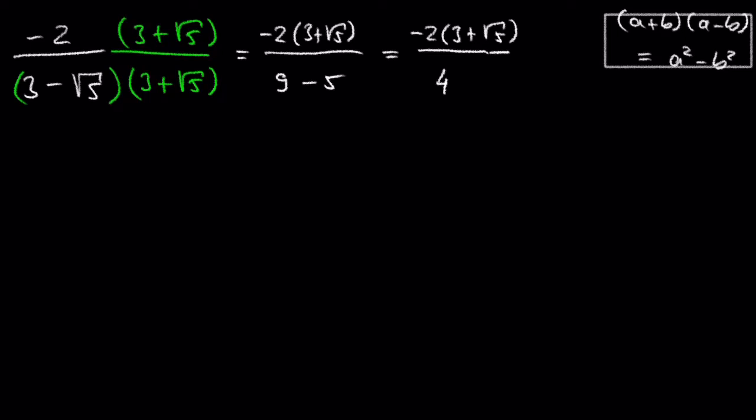And after cancelling out the 2 and 4, we get negative 3 minus the square root of 5 over 2.